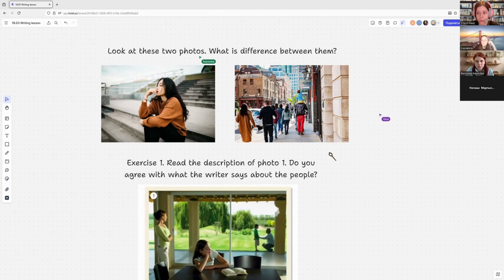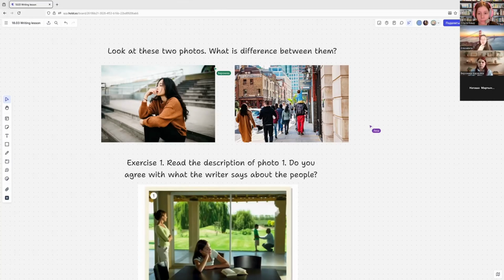Yeah, I see. And which photo is prepared and which one is made on the spot? Like, what do you think, Elizaveta? I think the first photo is prepared, and the second photo is made on the spot because in the first one, there is the work that some Photoshop was used.